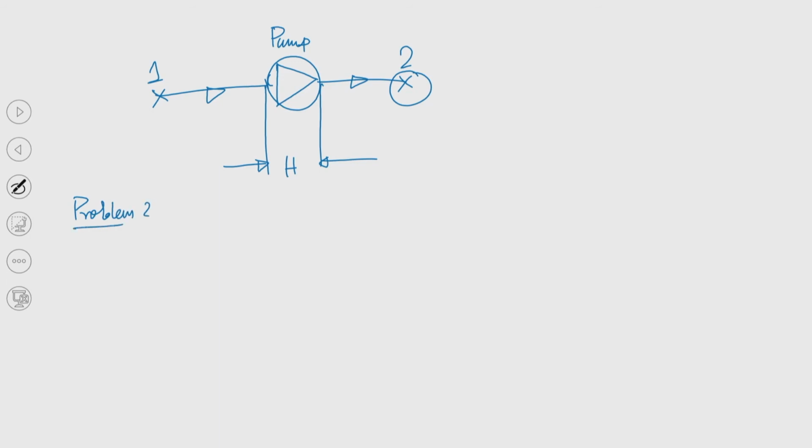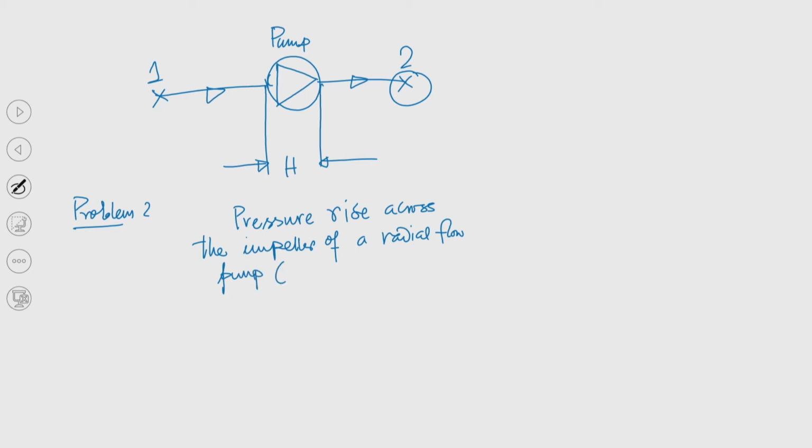It is shown that the pressure rise across the impeller of a radial flow pump shown above, which is placed in a system, can be written as follows.